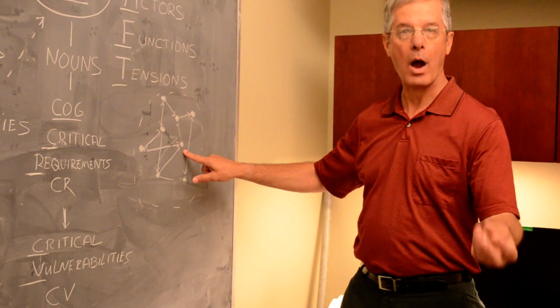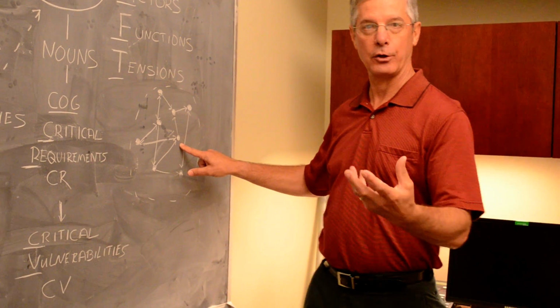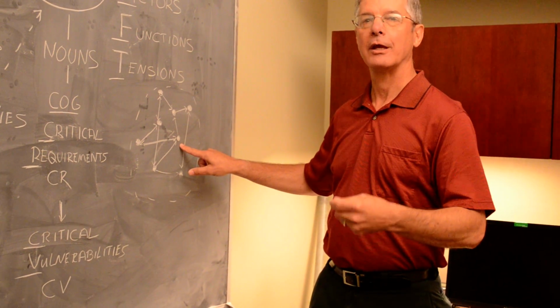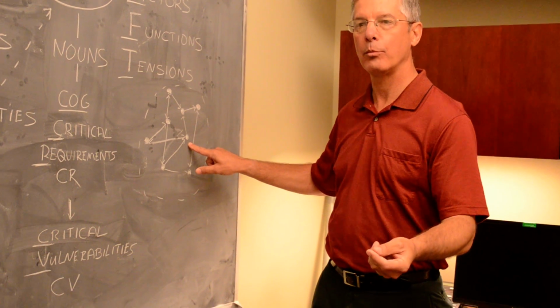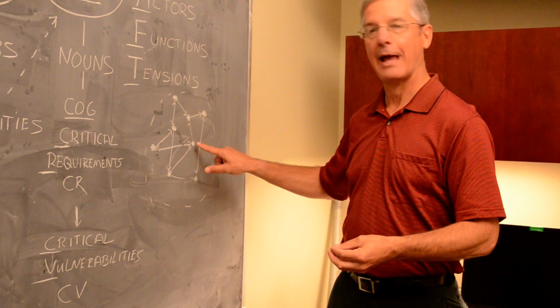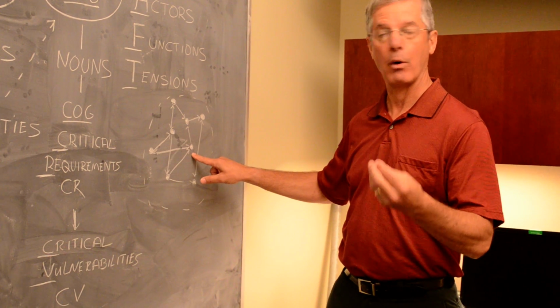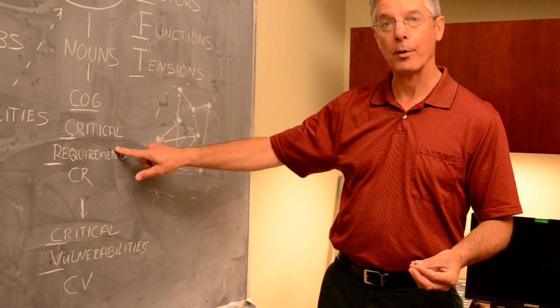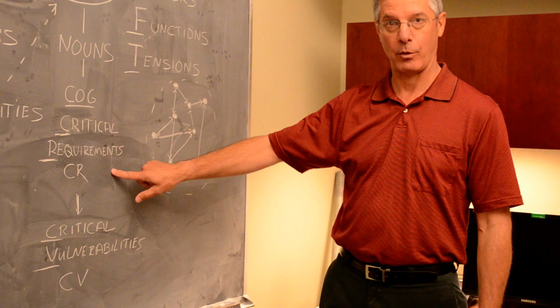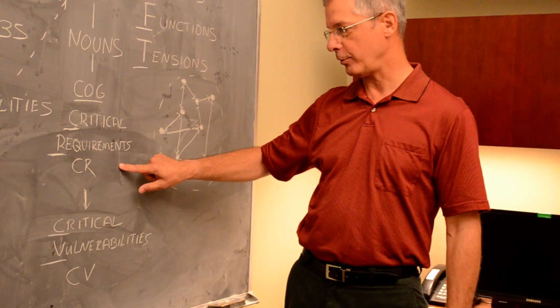Or if actor Y provides command and control, you can say command and control to whom or to what. And that would suggest Y is what we would call a requirement, perhaps a critical requirement, but it's not the primary doer.